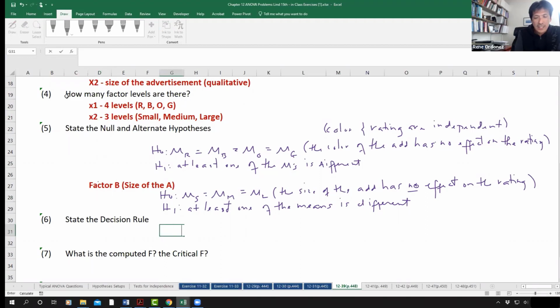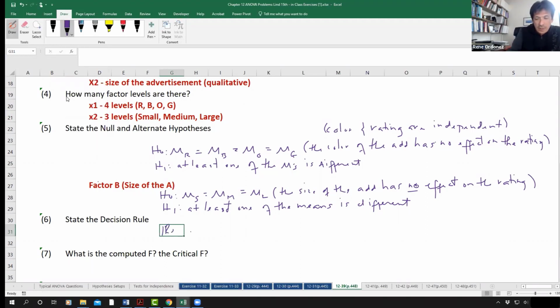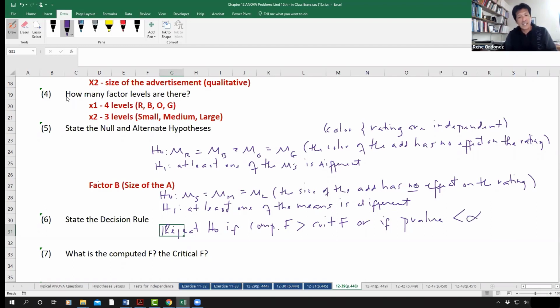We will reject the null hypothesis if the computed F is greater than the critical F, or if p-value is less than the significance level.